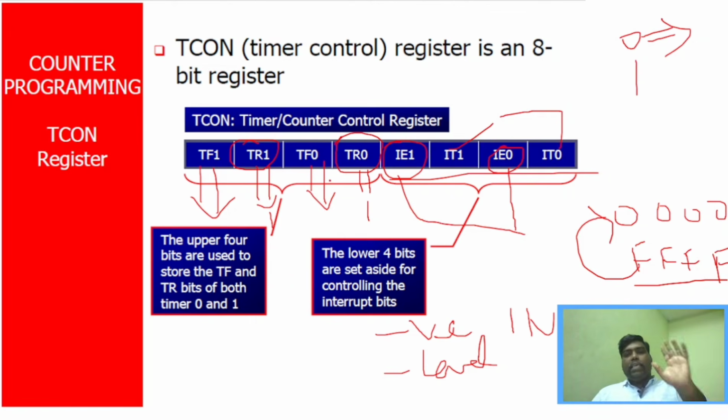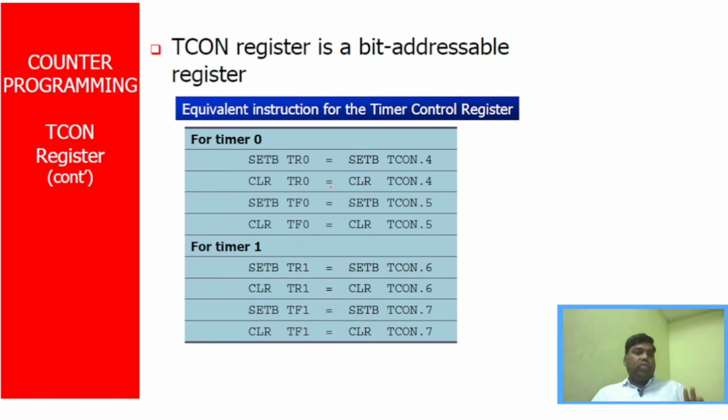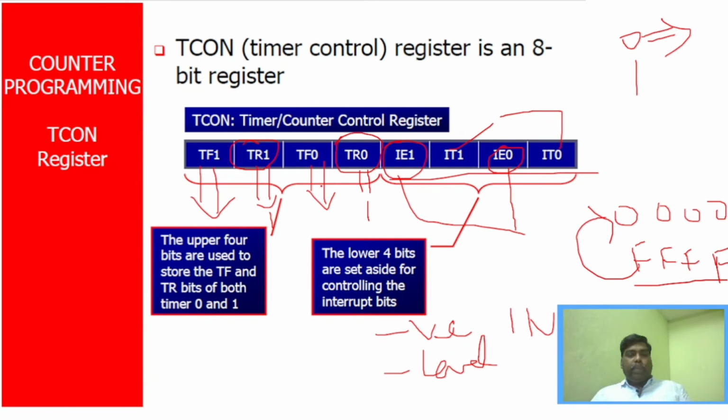All these things come under the TCON register. Whereas in the TMOD register, we can select different modes of operation for both the timers. So today we have seen the basics of timer and counter operation, and we have just seen the TCON register, where I have described all these pins.